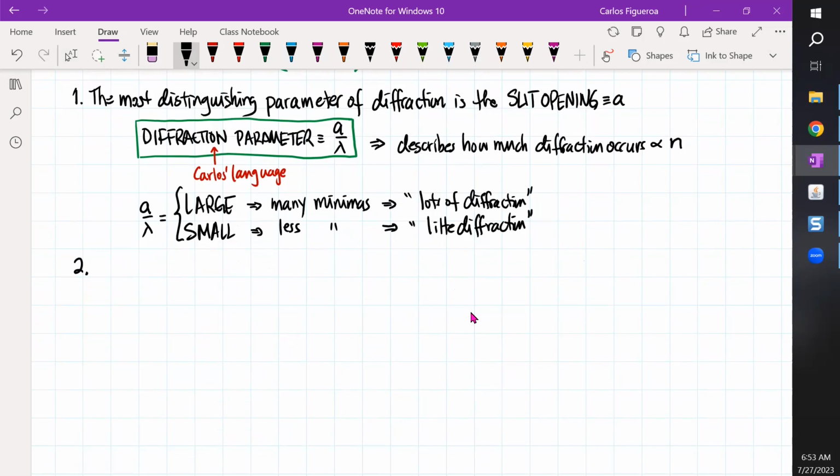There are two equations: the path difference versus the minima locations.